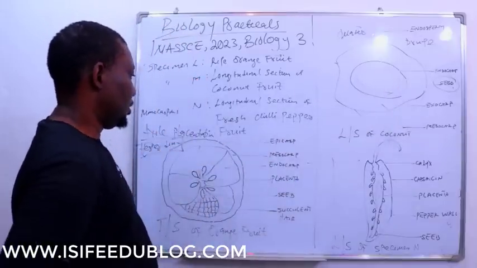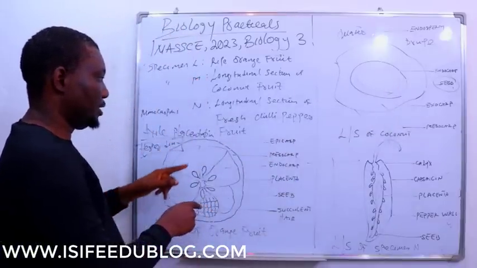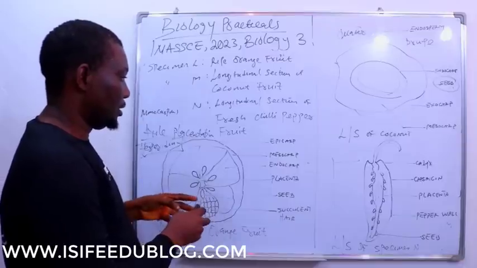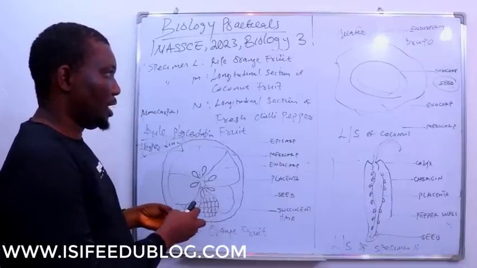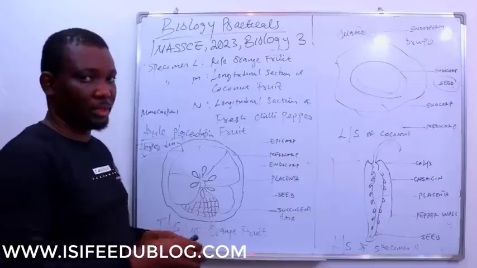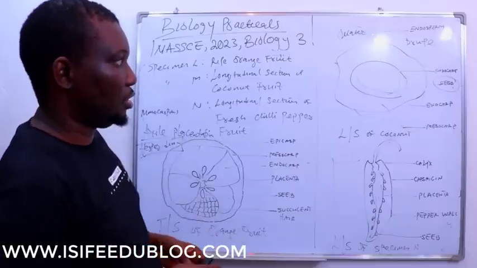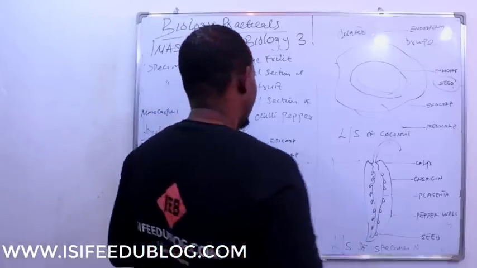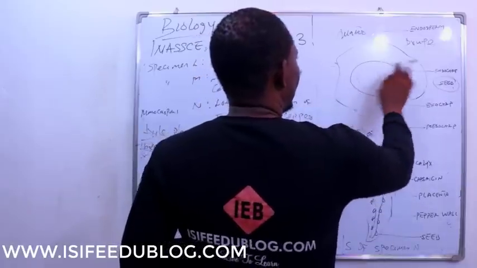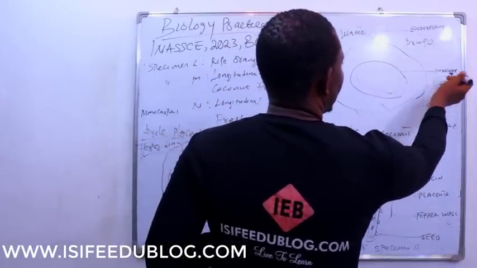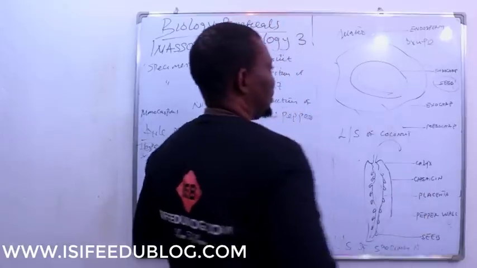It does appear that the mesocarp and the endocarp are fleshy, succulent. Fleshy fruits. But the only part that is very much edible here, that can be eaten quickly, is this part, which is the endocarp.